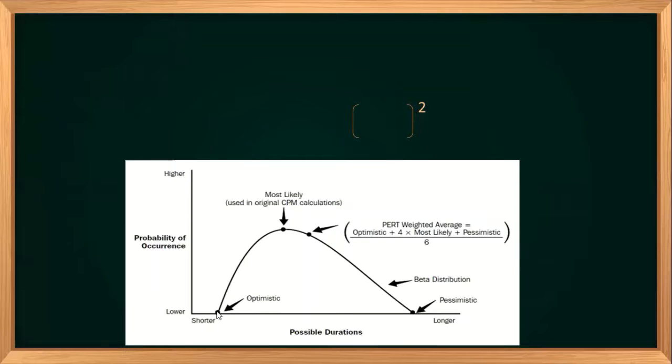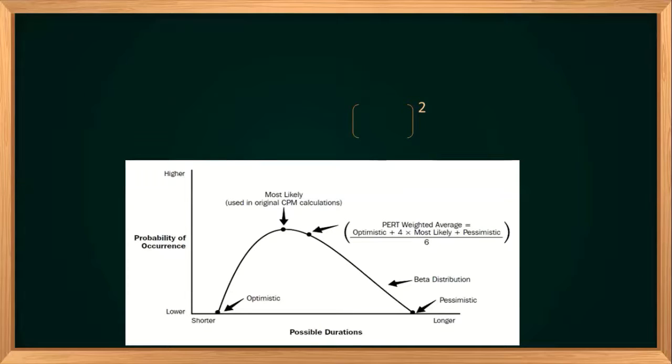There are three time estimates: the optimistic time, the most likely time, and the pessimistic time. In the y-axis, the probability of occurrence is given, and in the x-axis, the possible duration.